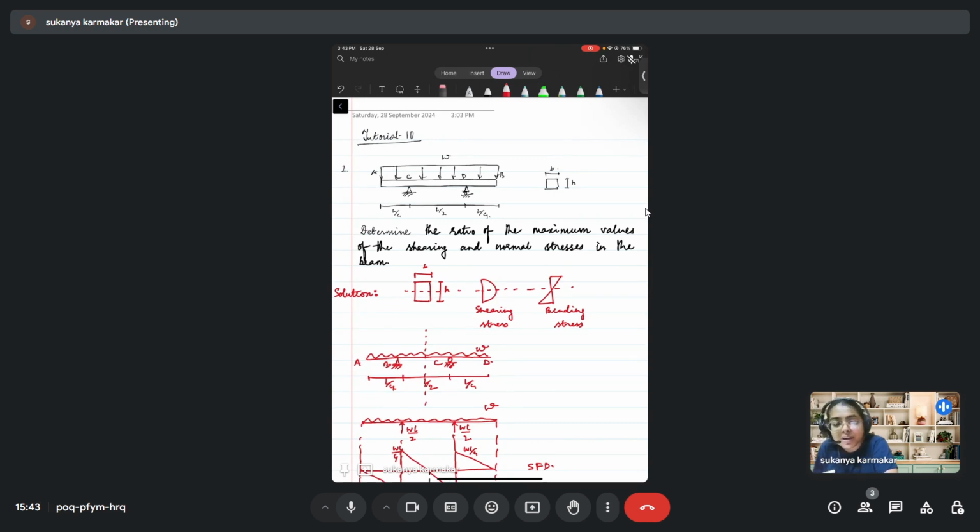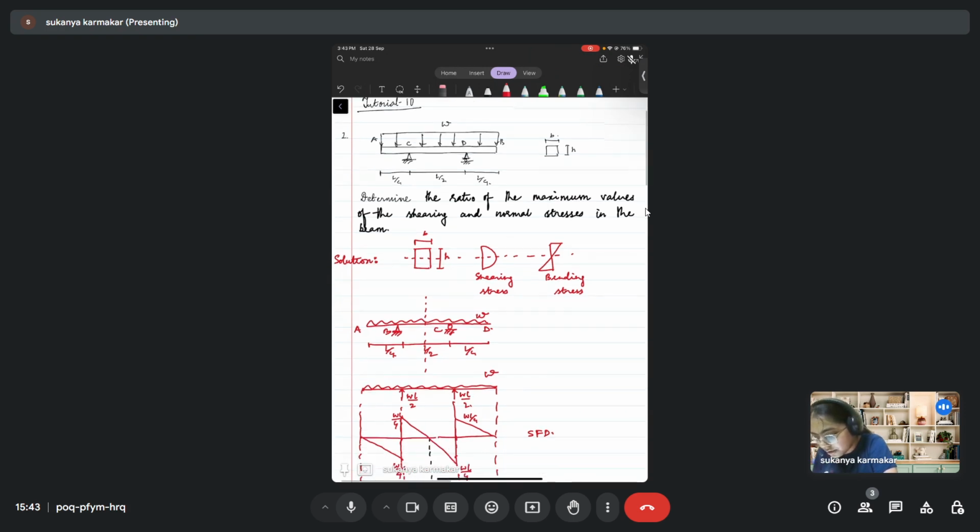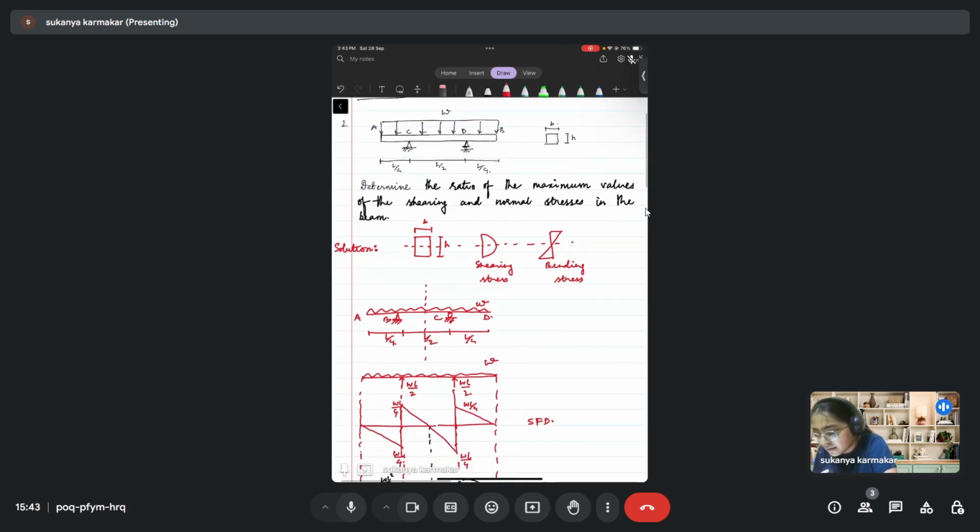So for a rectangular section, we know that this is how the distribution of the shear stress looks like, and this is how the distribution of bending stress looks like.